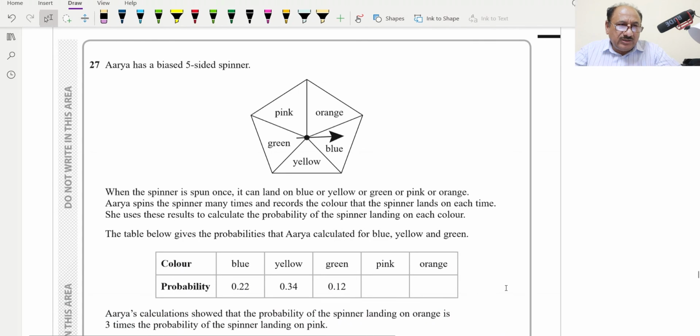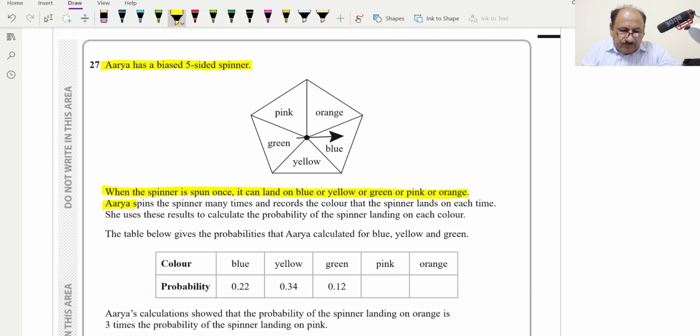Now question number 27. Question 27 says Arya has a biased 5-sided spinner. So 5 options are there. When the spinner is spun once, it can land on blue or yellow or green or pink or orange.